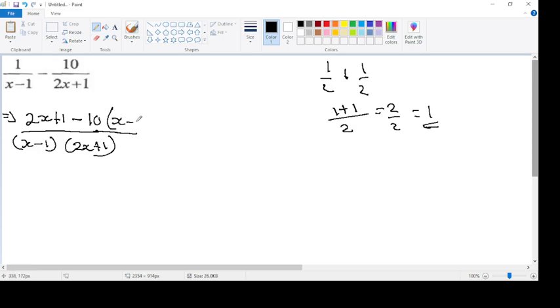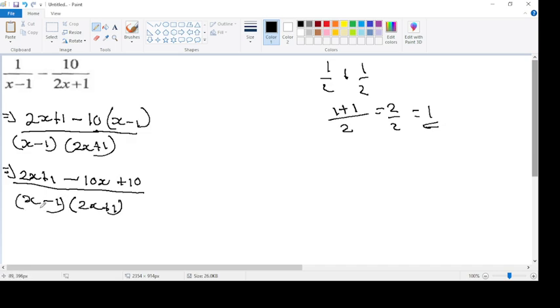We keep our 2x plus 1 because we've already multiplied it with the 1 there. Minus, what is 10 times x? We're going to have 10x. What is negative 10 times negative 1? We're going to have a positive 10 here. Then over x minus 1 times 2x plus 1. Don't forget your denominator.